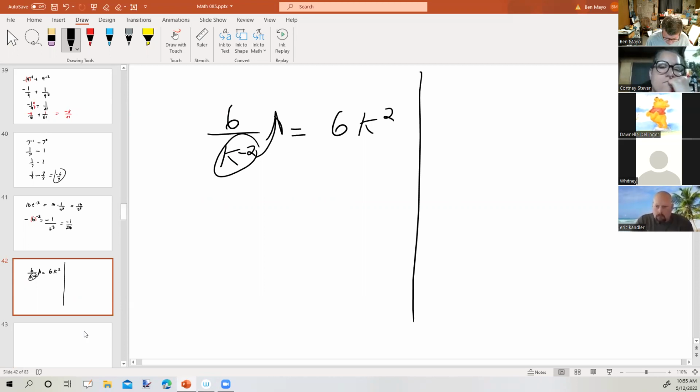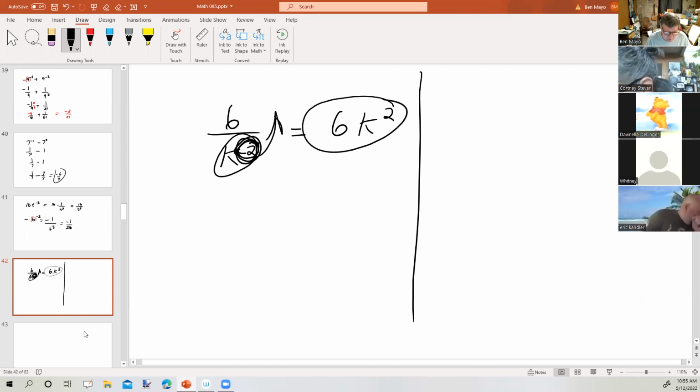How are you going to know if you're actually supposed to divide it or leave it like that? Because of the negative exponent. You want to get rid of that negative exponent. And when you do so, it's no longer a division problem. It's a multiplication problem. So you get rid of that, which means you'd have to write it this way. Is that making sense? Not really. Not really. Okay.